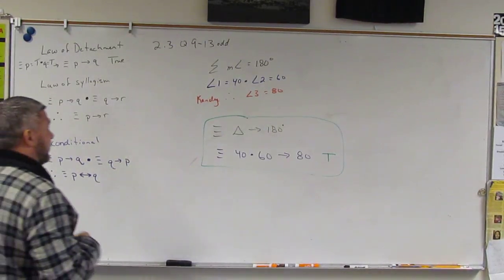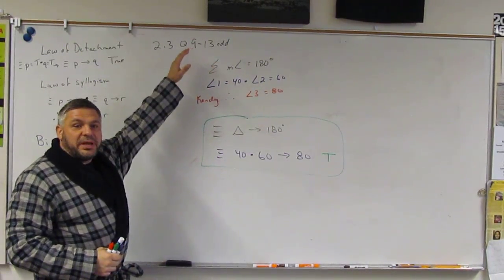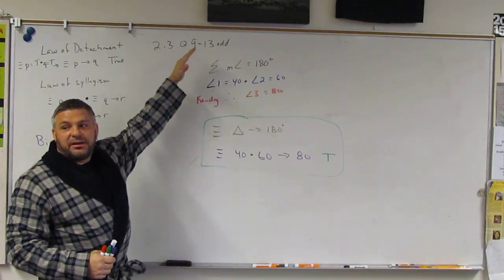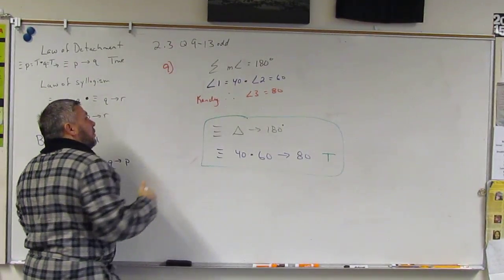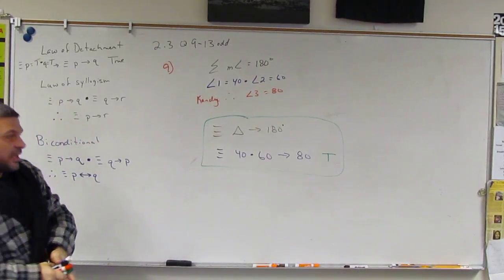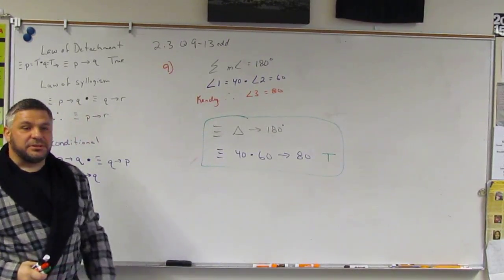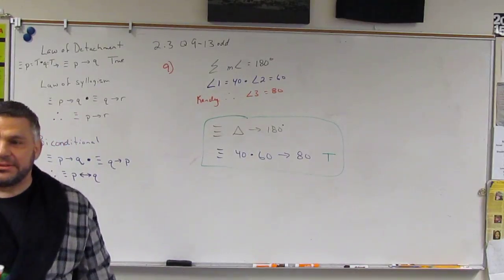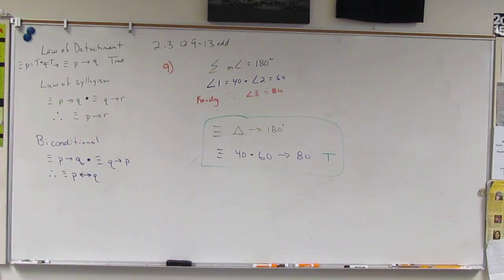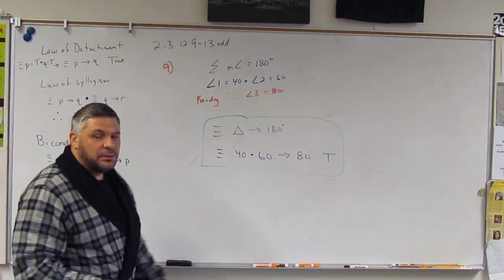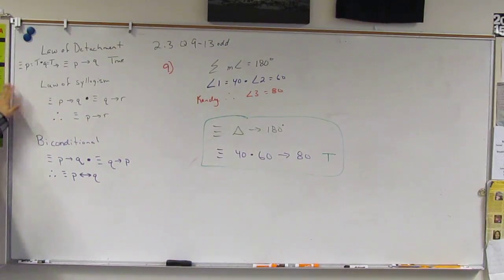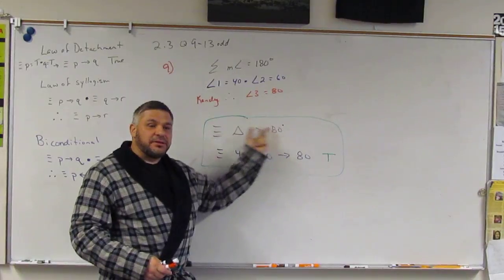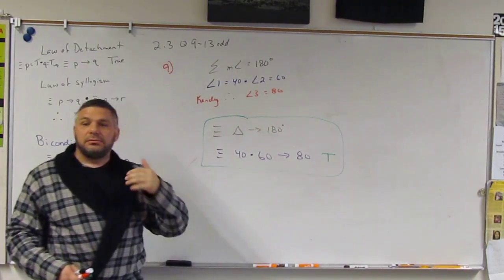Okay? First you break it down. What is it saying? What's it telling you? Okay? This is number 9. And then you break it down into 2 conditional statements, and you see if it's true. Does a law of syllogism work here? So is it true that there's 180 degrees in a triangle?